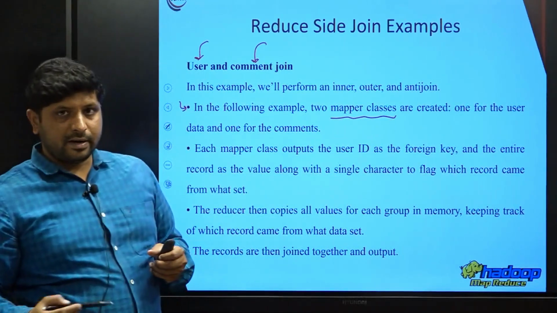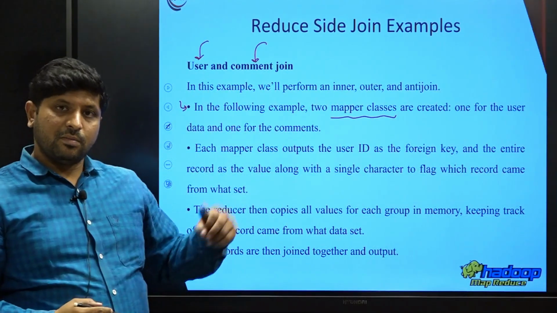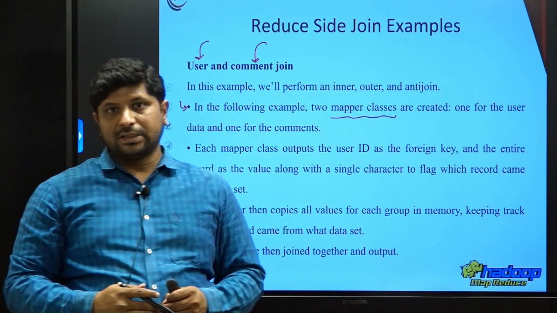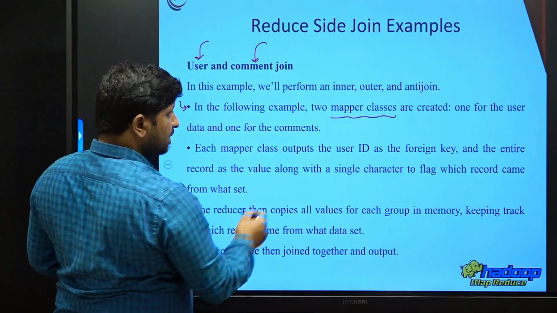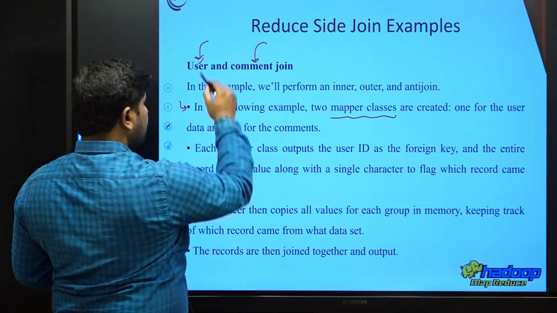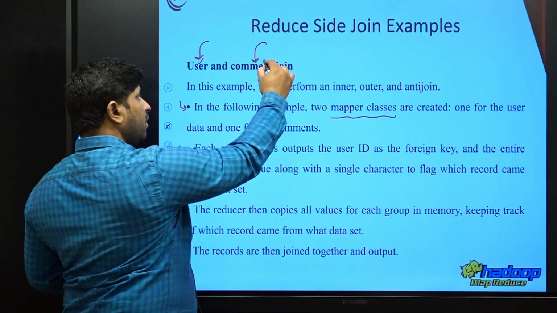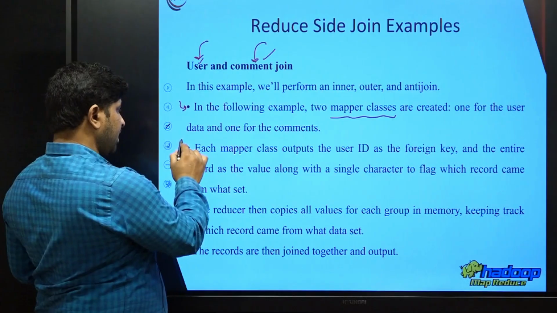Till date we have worked with only one mapper class and one reducer class, but in joins we work with multiple mapper classes: one to parse the user data and one to parse the comments.xml file.